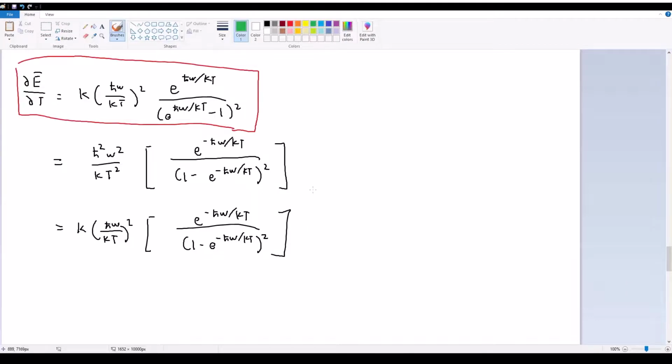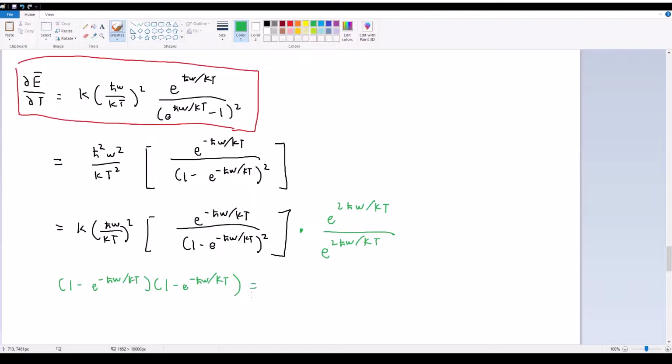So I'm going to multiply by e to the 2h bar omega over kT, over e to the 2h bar omega over kT. Is that correct? Yeah, so the top becomes e to the h bar omega over kT. Now the bottom is the thing that we're concerned about. So let's see. 1 minus e to the negative h bar omega over kT times 1 minus e to the negative h bar omega over kT.